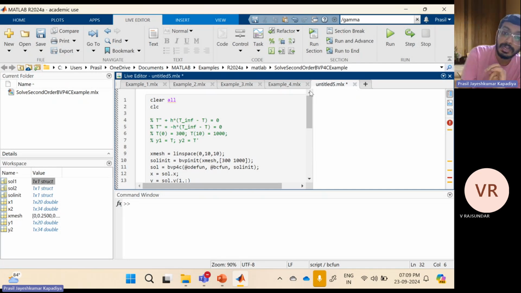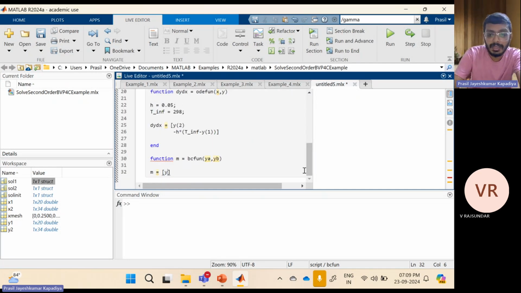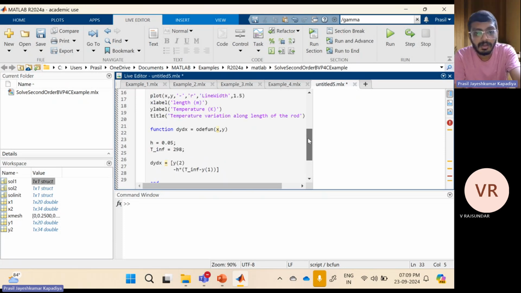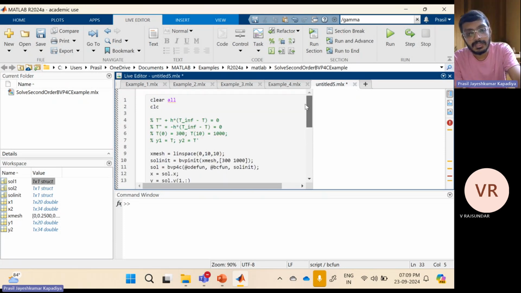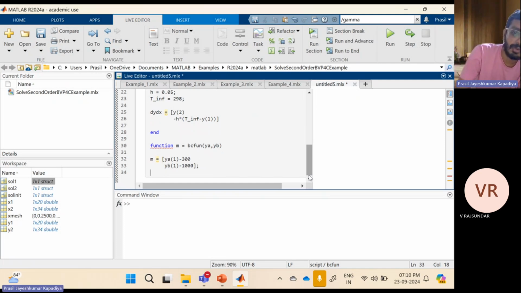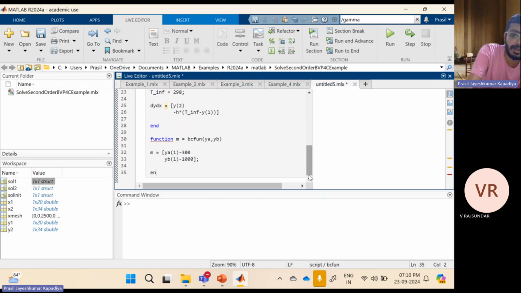T of 0 is equal to 300, so ya of 1 minus 300, and my second, T of 10 is equal to 1000, so yb of 1 minus 1000. Okay, so these are my boundary conditions. I will put one here, and let's try to plot this.